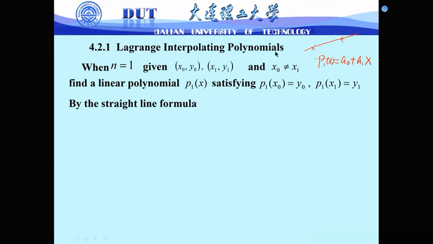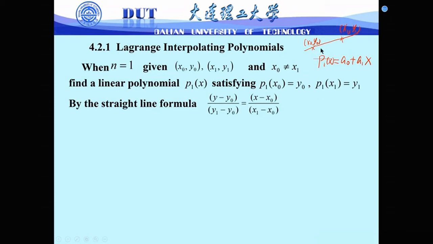Now, by the geometric meaning, we just need to find the straight line. We are given two points, (x0, y0) and (x1, y1). When you were in high school, maybe you learned how to write the formula for the straight line determined by two points. Actually, we can consider the slope.